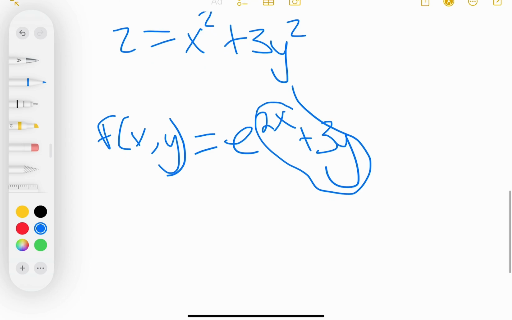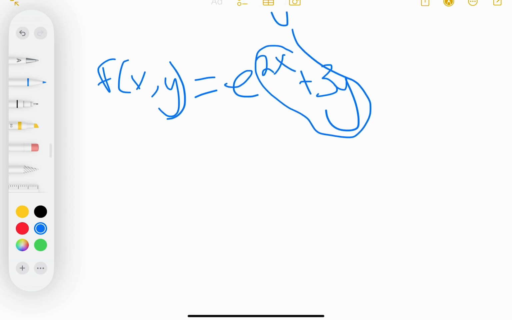The derivative of e to the u is just e to the u times u prime.